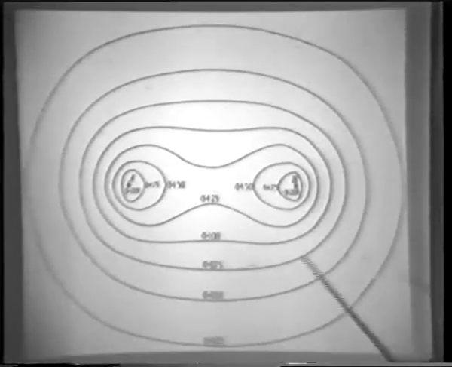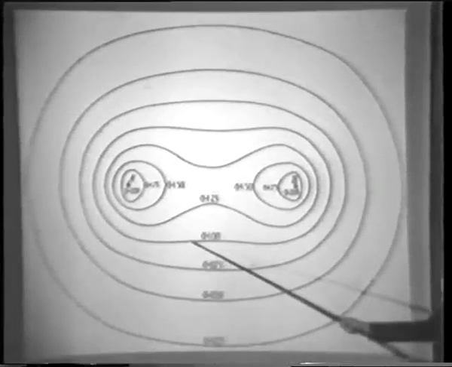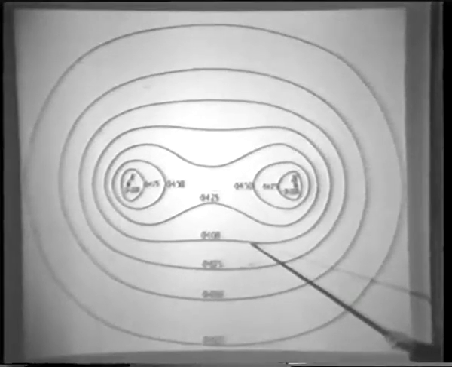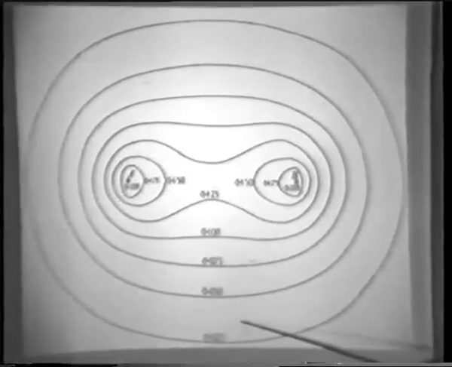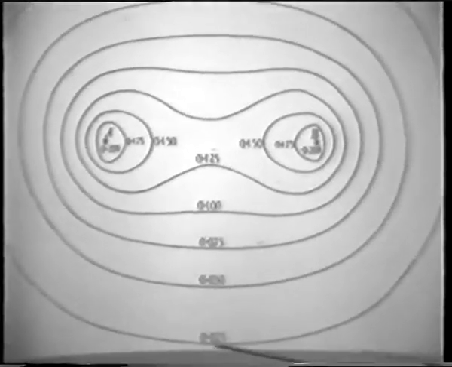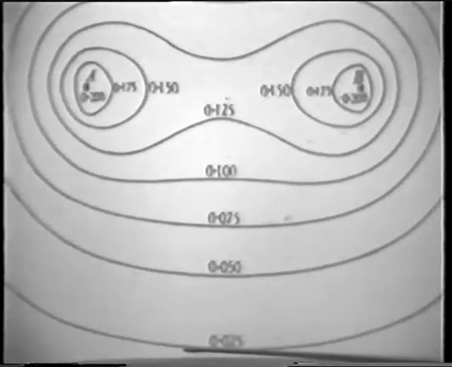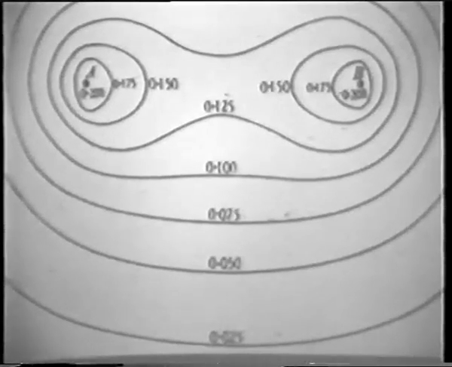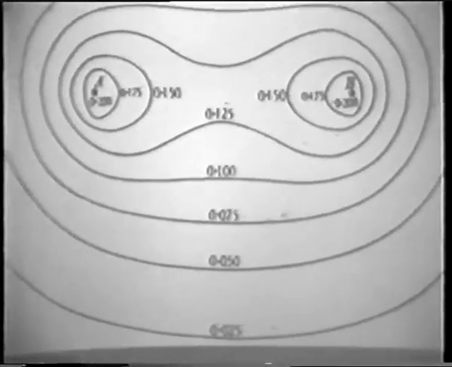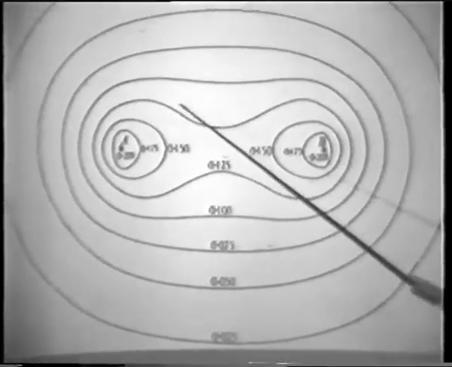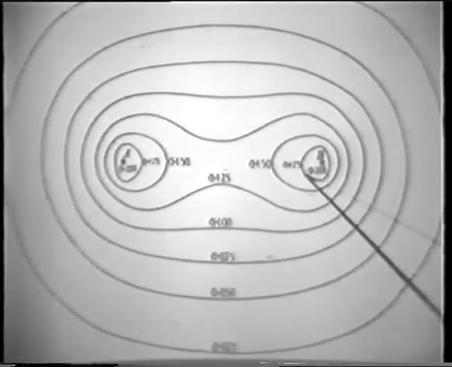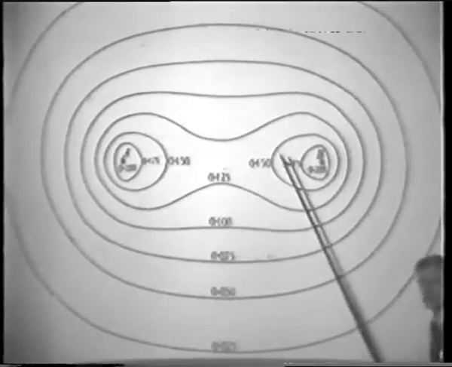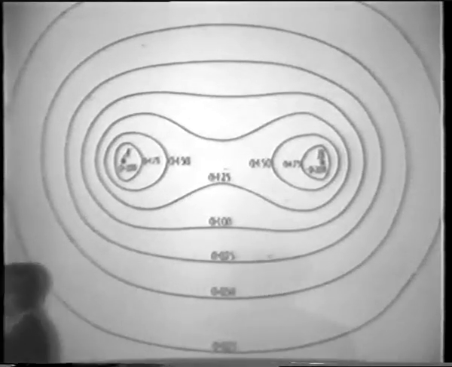At all points which lie on one of these contours, let's take this one, the density has the same value, and you can see that the numbers get smaller as we go away, so that the density is decaying, the cloud is becoming thinner and thinner, and in fact this outer contour which I've drawn here represents effectively the kind of boundary of the hydrogen molecule. And you can see now how, in a certain sense, there is one hydrogen atom on the left and the other hydrogen atom on the right. But there are changes, and of course it is those changes which we're now going to think about.